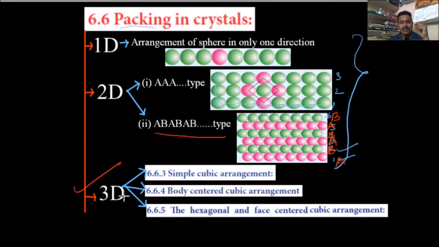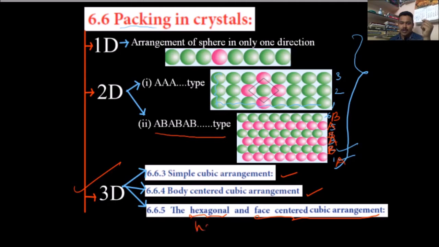Finally, now we are going to study three dimensional packing. Three dimensional packing also we are going to study in three ways. First one is simple cubic arrangement. Second one is body centered cubic arrangement, otherwise BCC arrangement. In the third, two types are there: one is hexagonal arrangement, the other is face centered cubic arrangement.